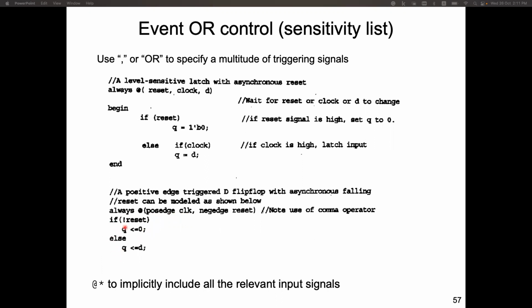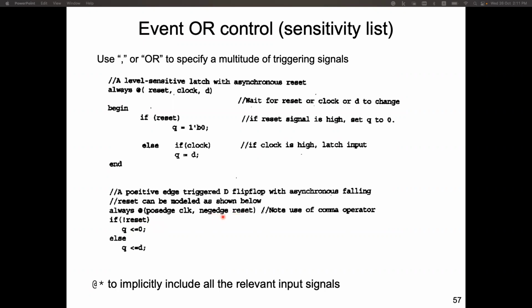We check if reset is low, which means we have seen a falling edge of reset. It goes from high to zero. If reset is zero, then we reset the output Q to zero, as an asynchronous reset.